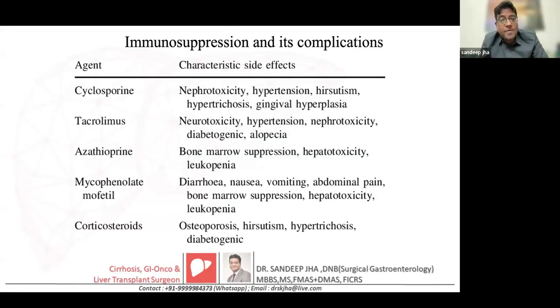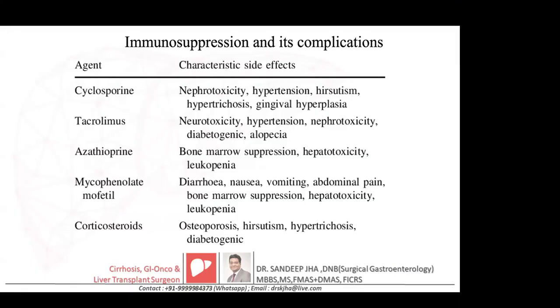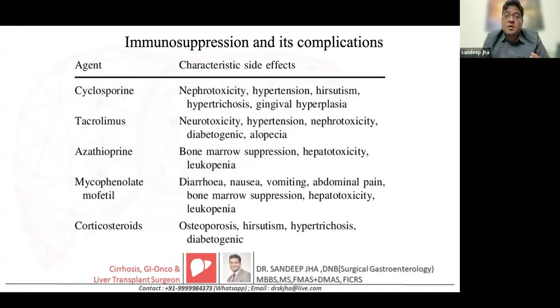Tacrolimus might go on for 6 months or 1 year. These complications have to be managed early, and if some other complications arise, then we have to manage those also early.